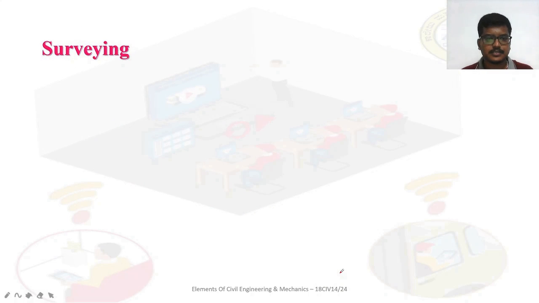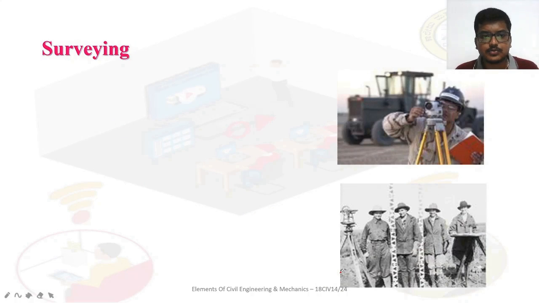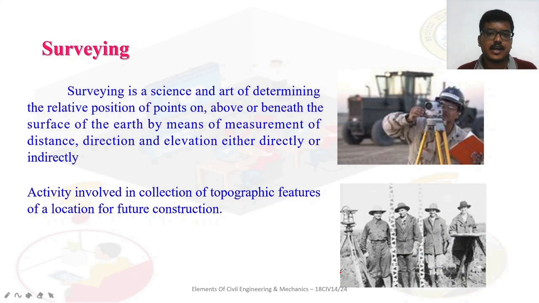So next comes our surveying. Surveying is a science and art of determining the relative position of points on, above or beneath the surface of the earth by means of measurement of distance, direction and elevation, either directly or indirectly.